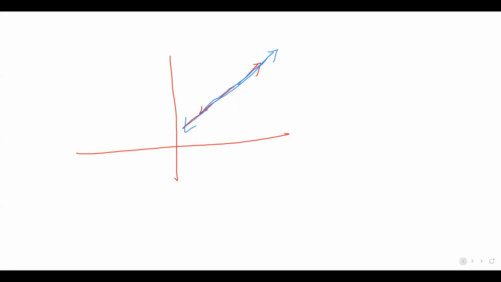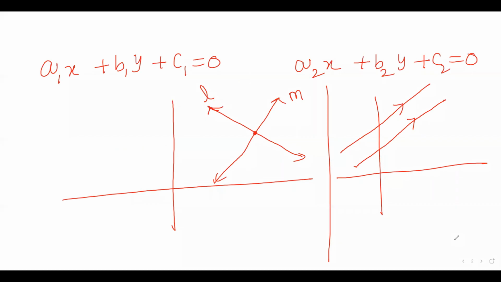So three cases arise when you draw the graph of linear equations. The lines can be intersecting. They may intersect at one single point. They may not at all intersect. They can be parallel lines.